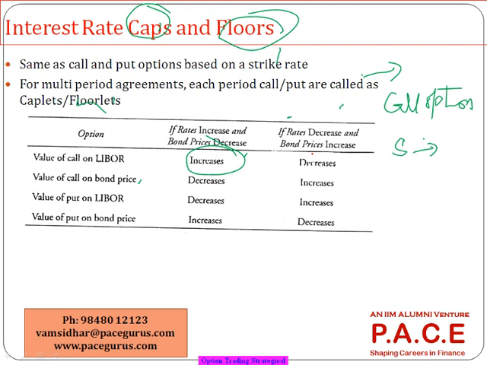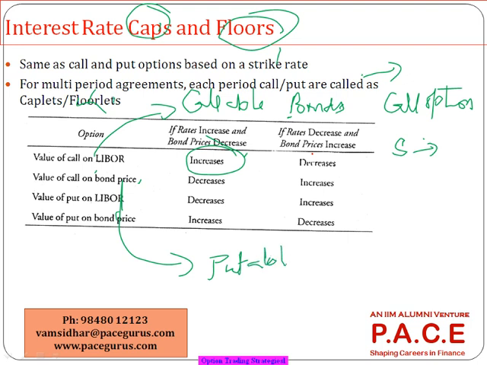The bonds which follow this kind of logic we call callable bonds, or probably the bonds which follow the put option kind of logic, we call them puttable bonds, where the interest rate is frozen.